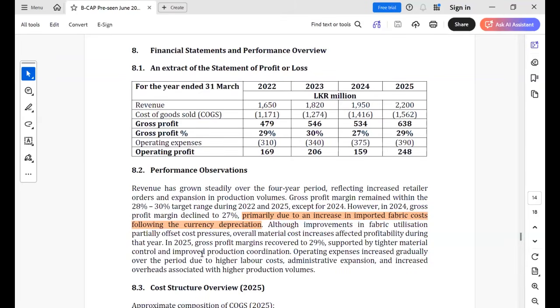Operating expenses increased gradually over the period due to higher labor cost, administrative expansion, and increased overhead associated with the higher production volume. So operating expenses have gone up yearly, including the administrative expenses.